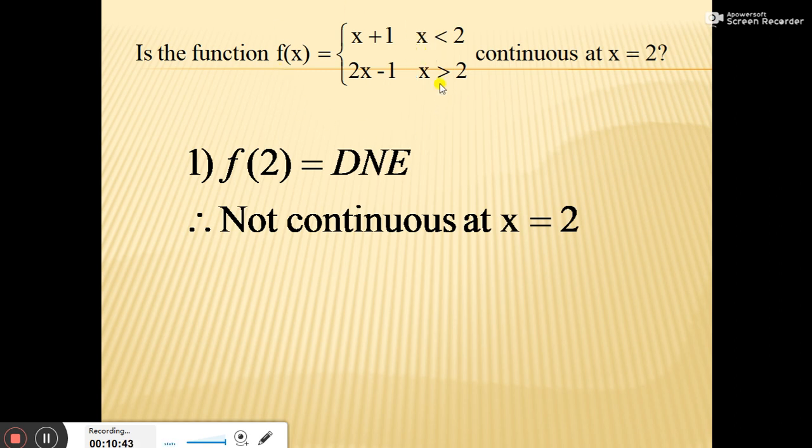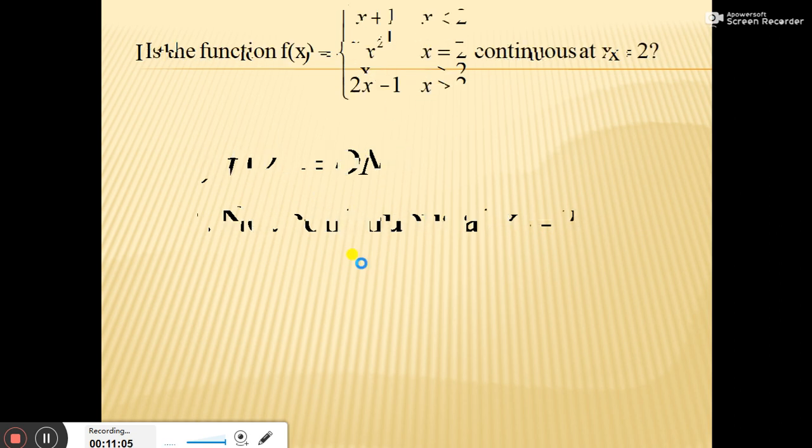Therefore f(2) does not exist, and therefore this function is not continuous at x equal to 2. Because for continuity we need the limit of the function to be equal to the value of the function. Here the value of the function is not defined, and therefore this is not continuous.